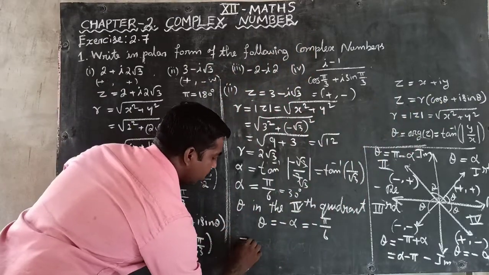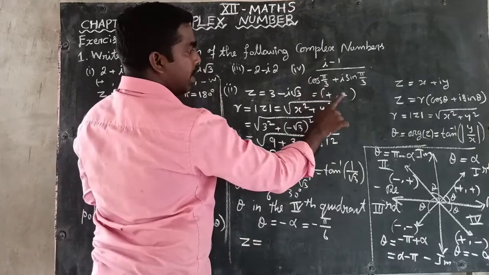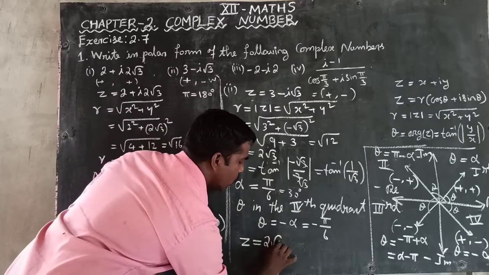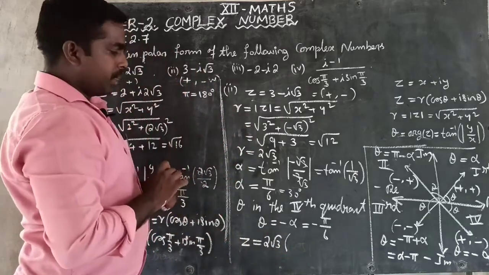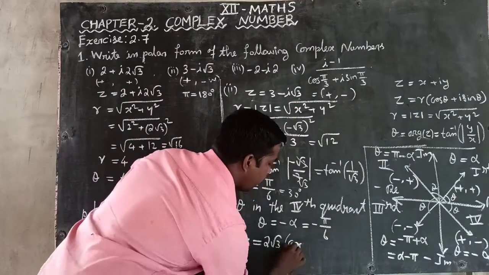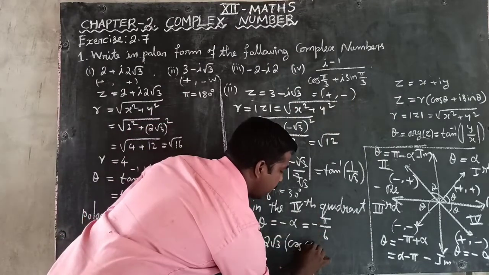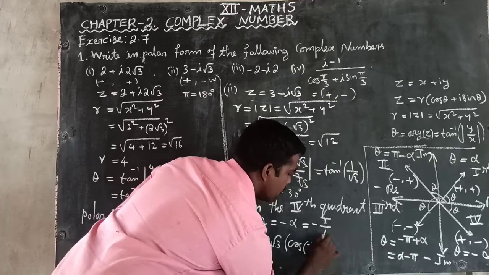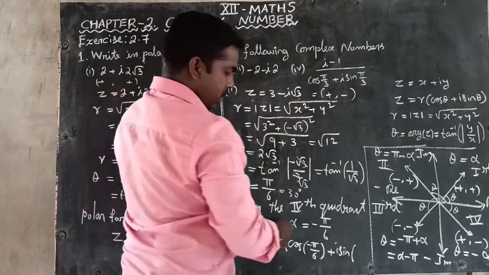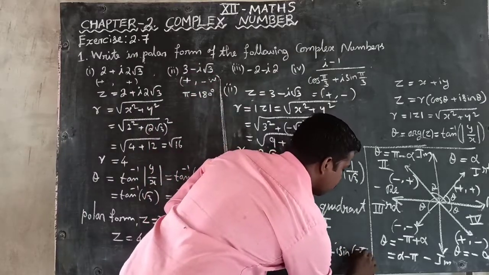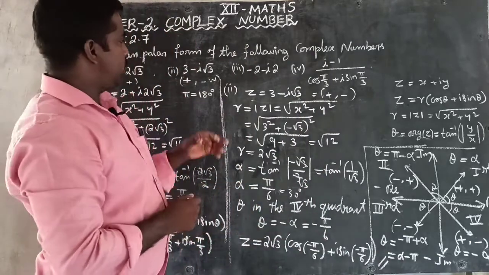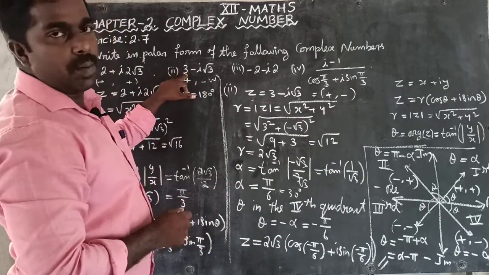So polar form z is equal to r into the value of r is 2 root 3. So 2 root 3 into cos theta. So cos of theta is minus pi by 6 plus I sin next minus pi by 6. So this is the polar form of the given complex number.